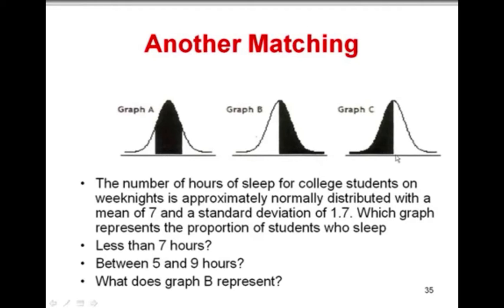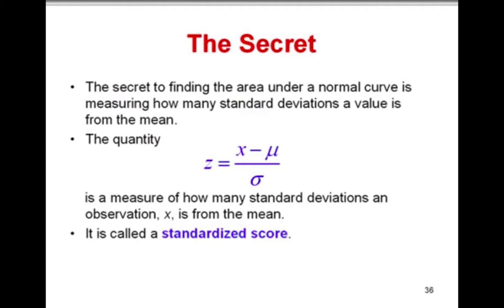Well, 7 is the mean, which is located in the center, and less than means below, so it must be graph C. Between 5 and 9, well, 5 is less than 7, and 9 is greater than 7, and between means in the middle, so it must be graph A. And graph B is shading above 7, so it would be the proportion of college students who get more than 7 hours of sleep at night.